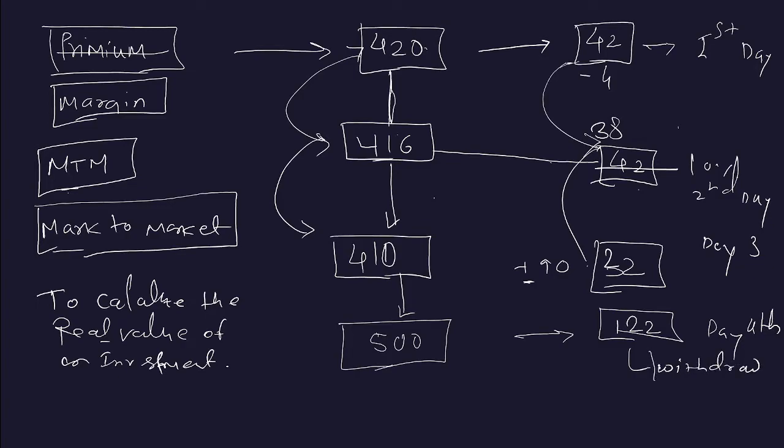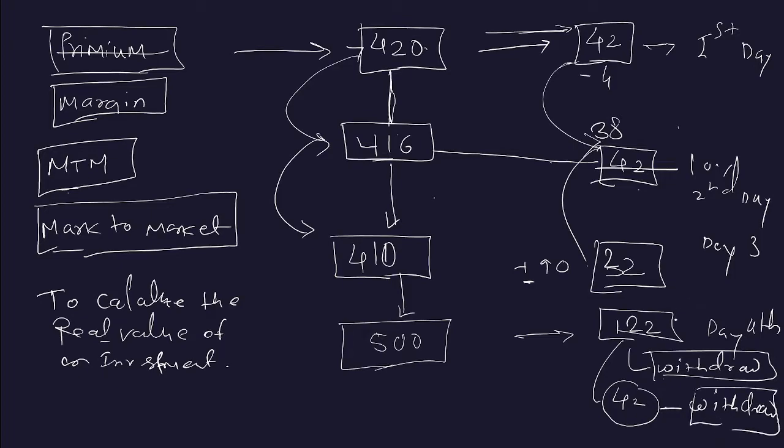Here you can book the profit. You can only keep the 42 in your account, because this is a mandatory requirement, and the rest you can withdraw. And if the price reaches down again, then you can add 10 rupees from your pocket, and your margin will be back at the original level, which is 42.